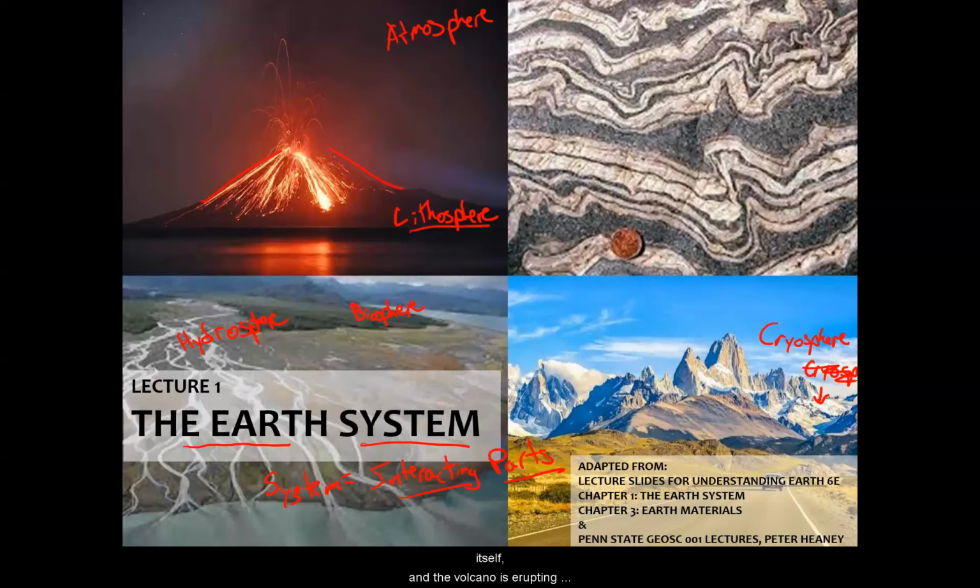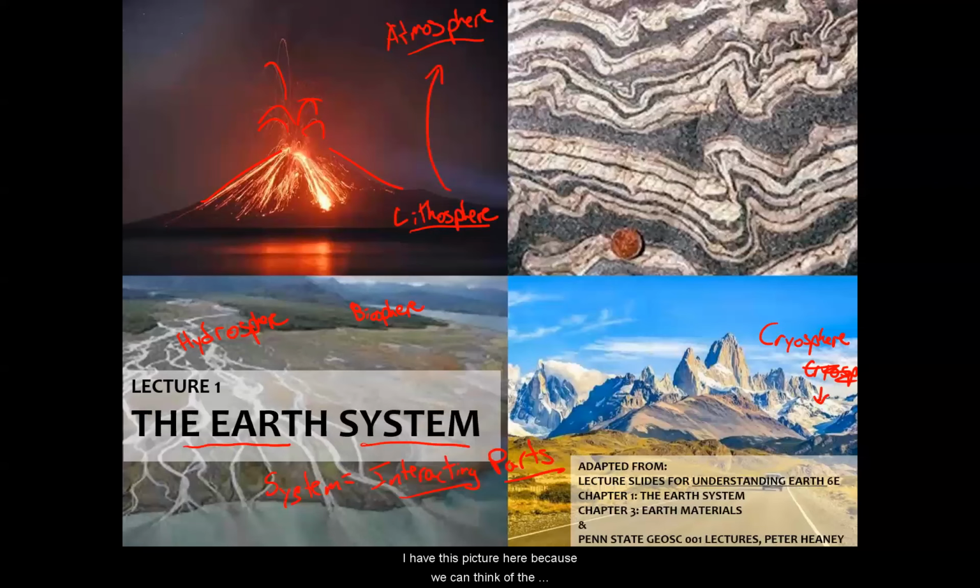And the volcano is erupting not only solids that you can see flying into the air there, but also gases and aerosols, which are sort of like tiny little dust particles, into the atmosphere. And so it's affecting the composition of the atmosphere, it's affecting the temperature of the atmosphere locally at least, and on global scales, enough of these volcanic eruptions are going to affect the overall temperature of Earth. And that's an interaction between the lithosphere and the atmosphere.